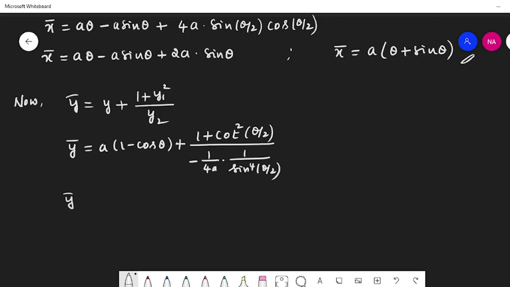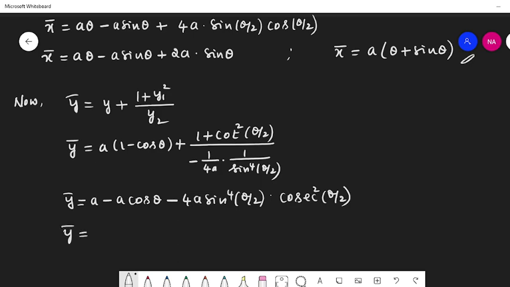So now it is y bar equal to a minus a cos theta minus 4a into sine power 4 of theta by 2 into cosecant square of theta by 2. Okay, it will be y bar equal to a minus a cos theta minus 4a into sine power 4 of theta by 2 into cosecant square, meaning 1 by sine square of theta by 2.